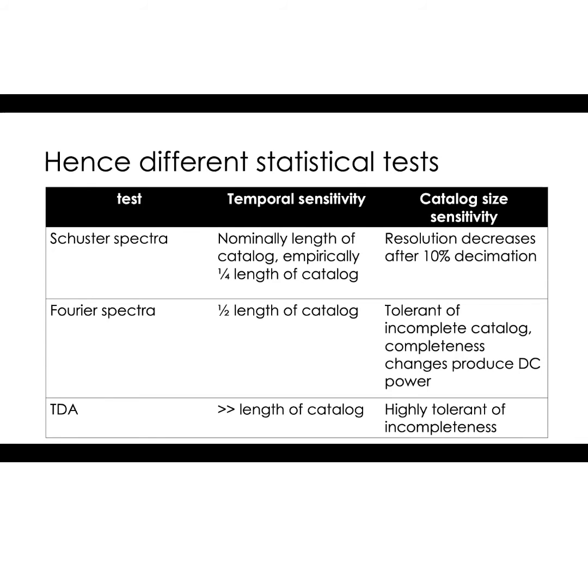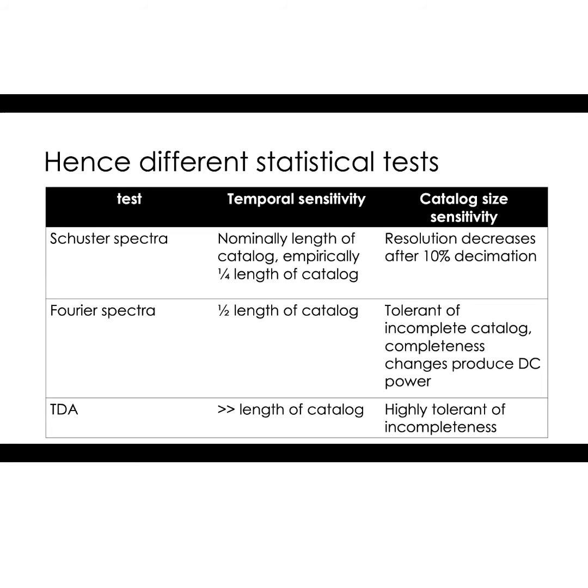One is Schuster spectra, and this approach can nominally resolve temporal patterns as long as the catalog, but we actually see empirically that we can't resolve temporal structure much longer than about a quarter of the length of the catalog, so it can resolve patterns in timing of earthquakes with periods of sort of 25 years or less. And mainly that's because the resolution of the Schuster spectra decreases as you lose completeness.